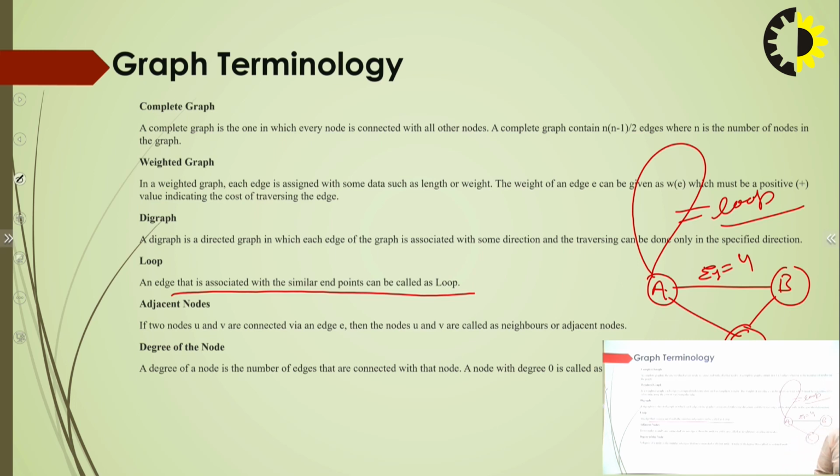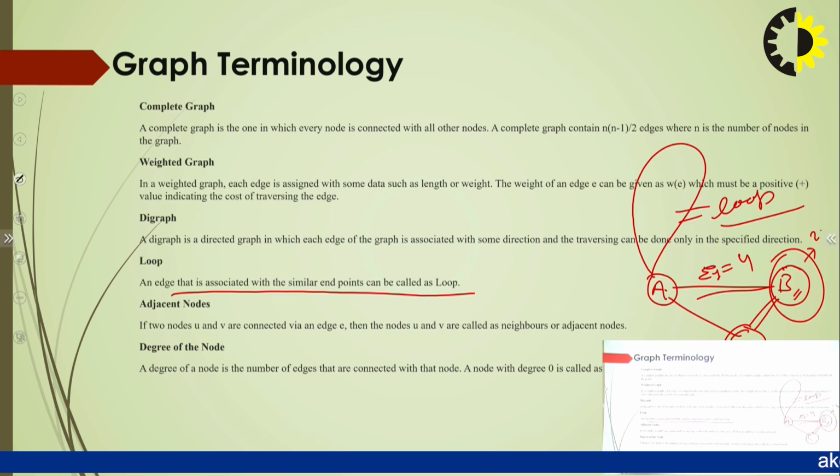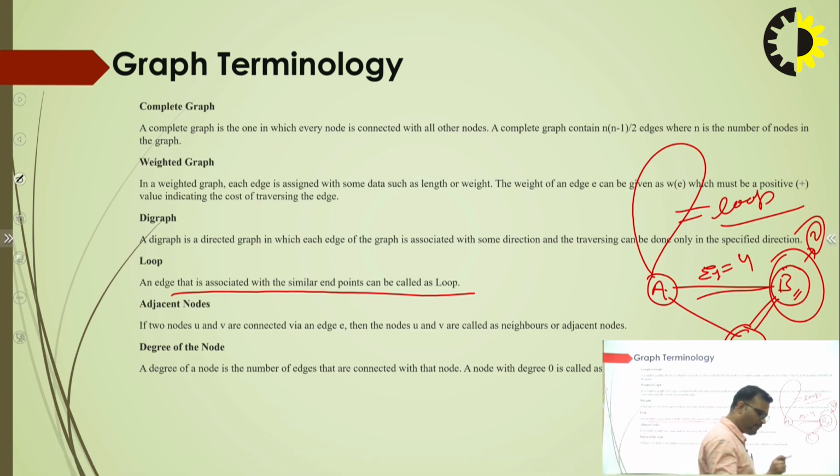Degree of the node. Suppose that this is the B vertex. B वर्टेक्स से दो एजेस जा रही हैं, then the degree of B is 2. मीन्स किसी भी नोड से जितनी भी एजेस पास होंगी, नंबर ऑफ काउंटिंग द नंबर ऑफ एजेस ऑन दिस वर्टेक्स is called the degree of the vertex.